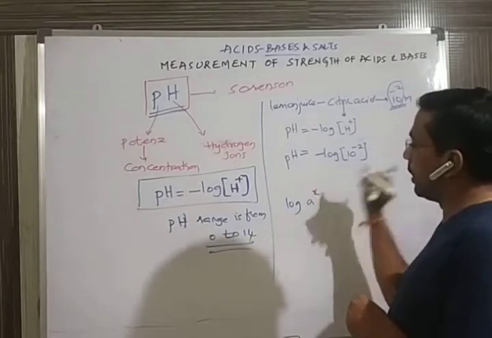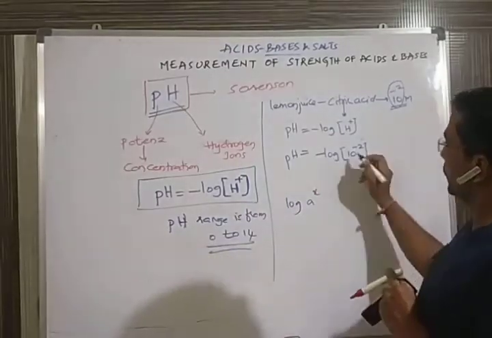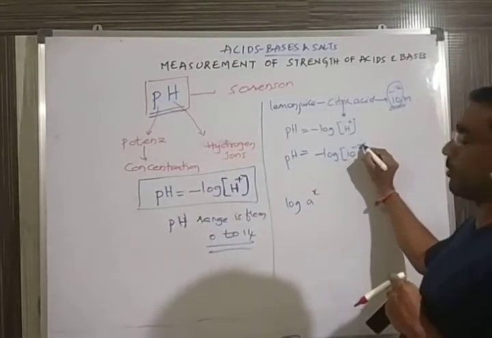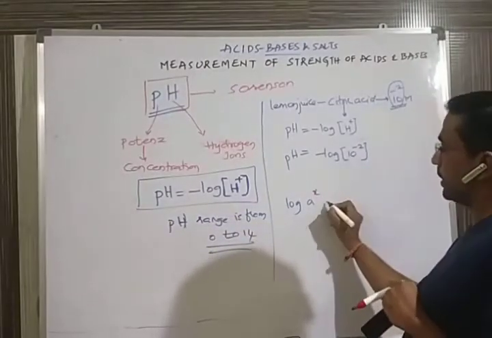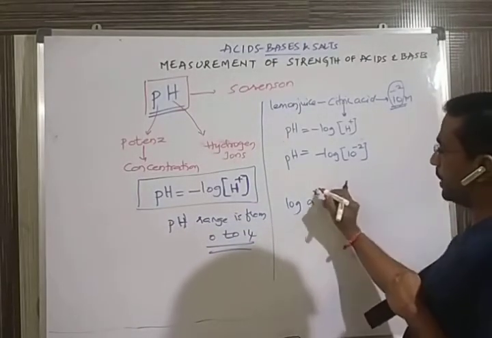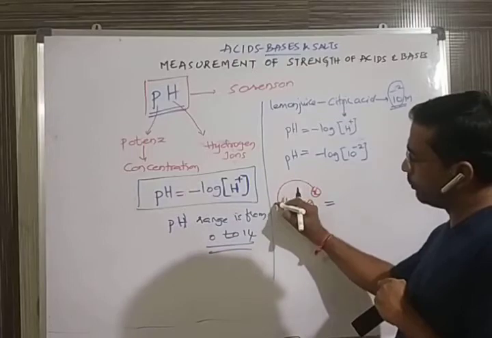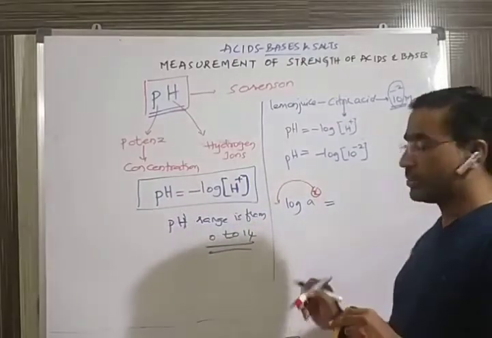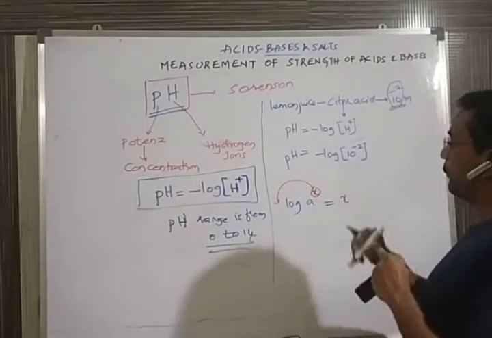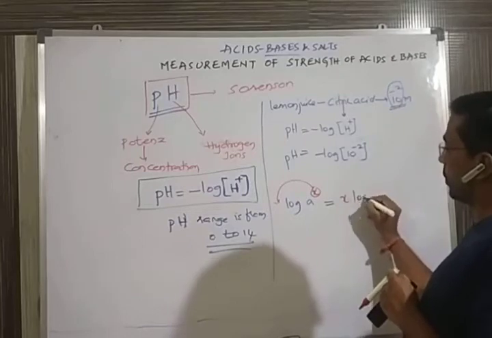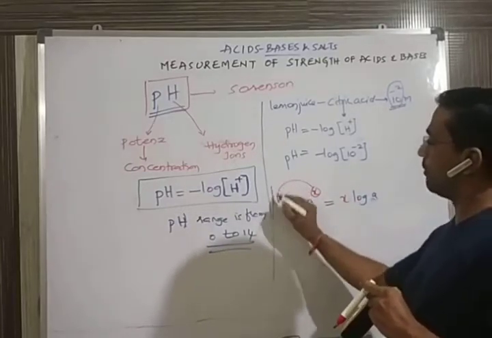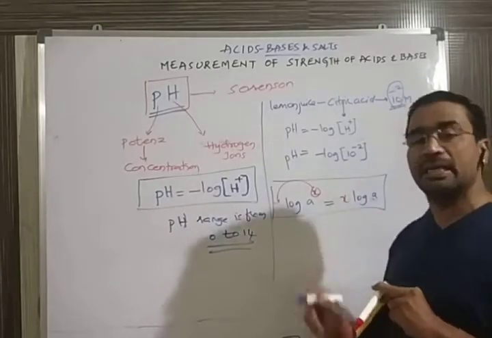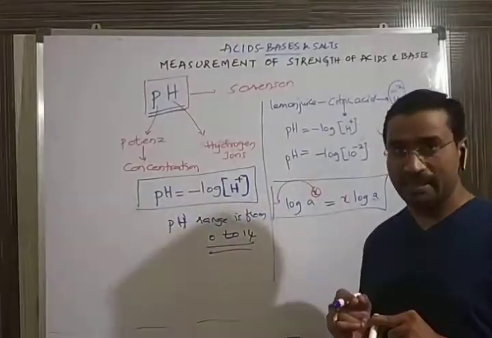If you have log of a to the power of x, it can be written with x coming to the front, so it becomes x into log a. This is a mathematical formula you come across in maths.